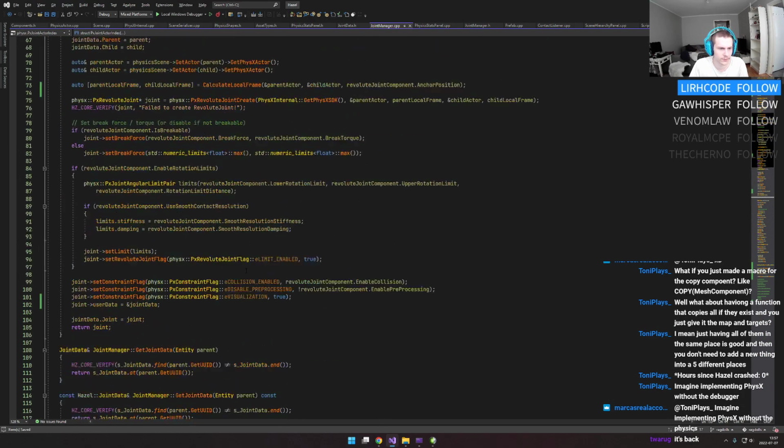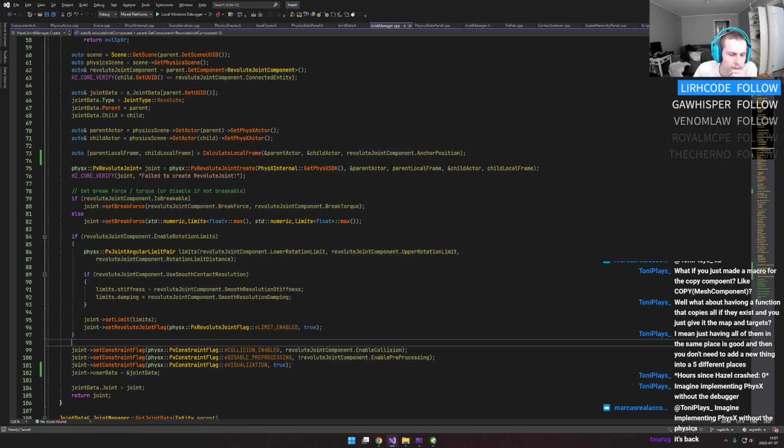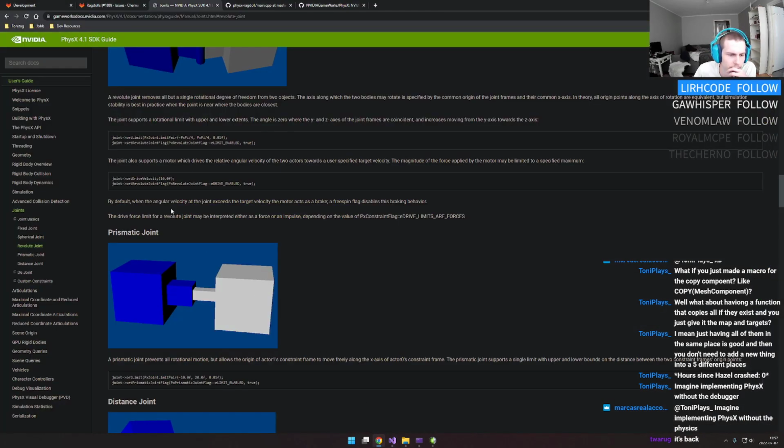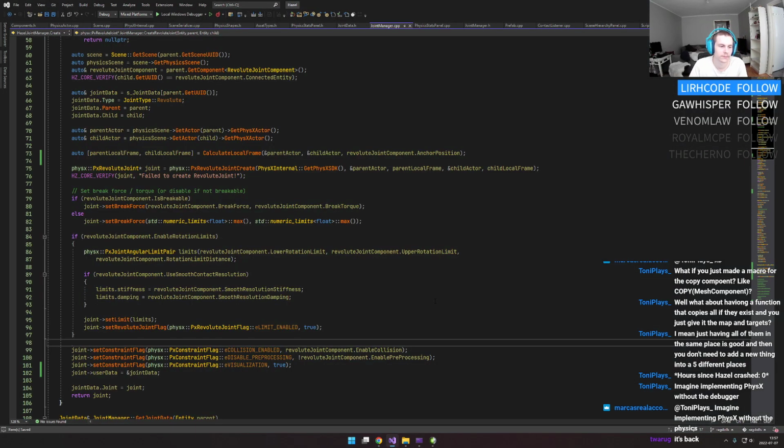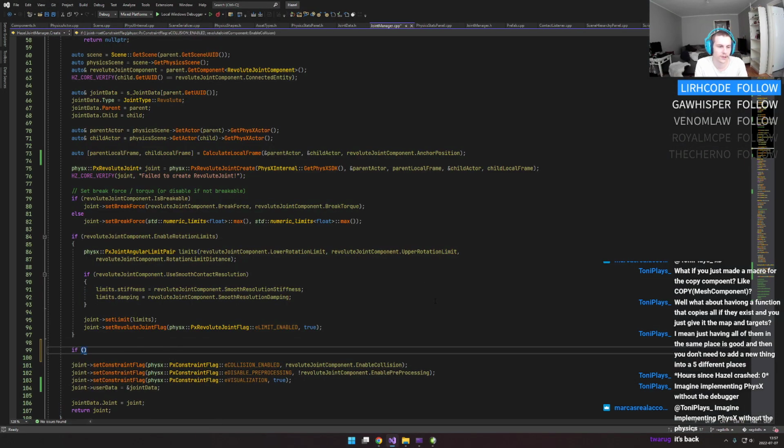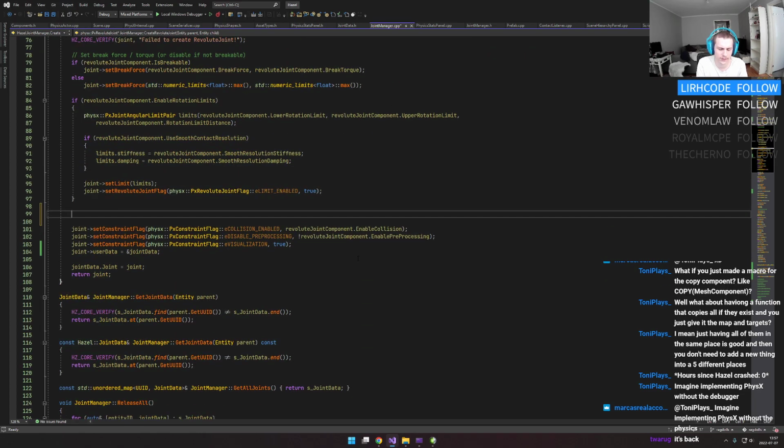When we come into here, we need to check set drive velocity and revolute joint flag. So I mean, we don't even need an if, technically we can just do joint set revolute joint flag. Drive enabled.